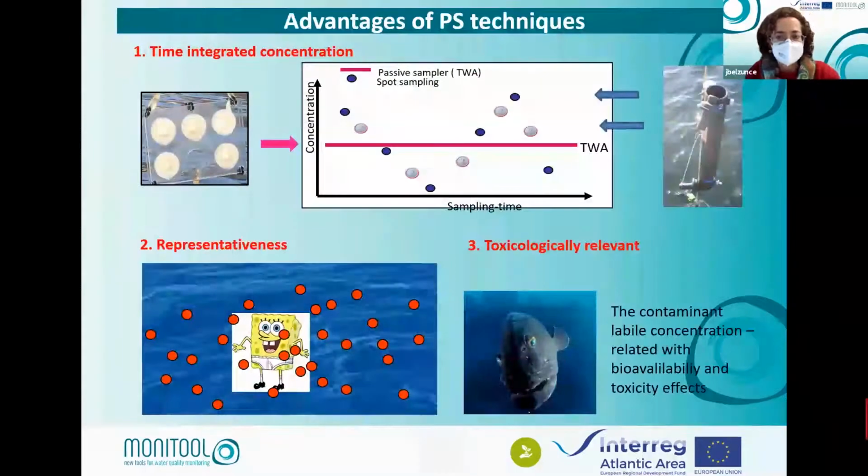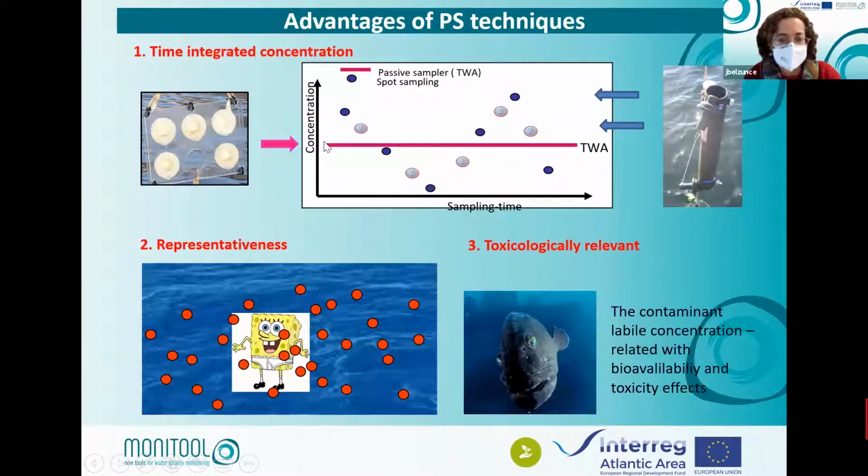Regarding advantages, Natalia has already explained, so I will just pass quickly over here. One very important one is that passive sampling gives us the time integrated concentration. This is concentration in this figure and sampling time.